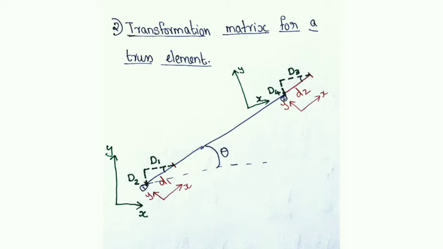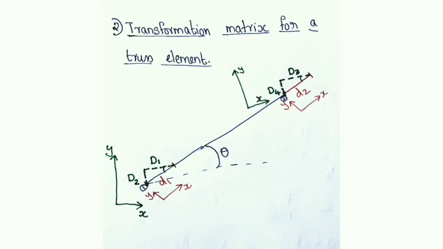That is, in local coordinates we can just say that the member has moved a distance of d1 in the local x direction. But in the global coordinate system, the node 1 has moved capital D2 in global y direction, and then capital D1 in global x direction, to reach the new position. That is for local displacement d1, capital D1 and D2 are its global counterparts.